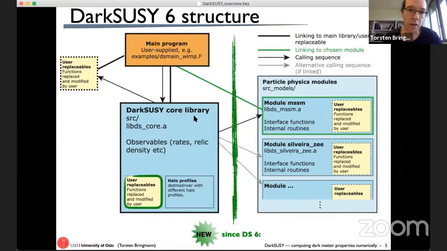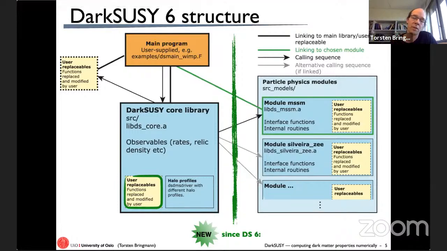Okay, so the general code structure is visualized in this figure here that you can also find in the DarkSUSY article. So basically, there are two types of main libraries. There's the core library that contains all the functions and subroutines that are independent of any particle physics. So you, as a user, have to supply a main program, and there are many examples, and these kind of examples we will look at.